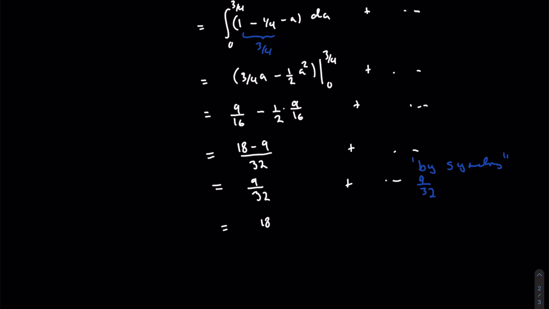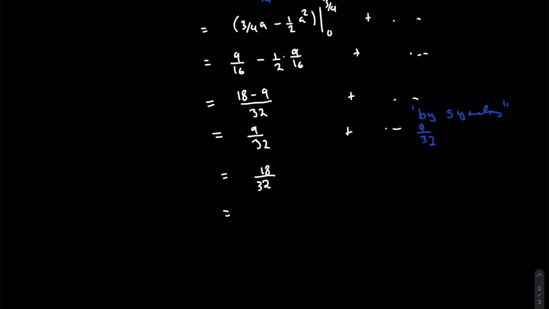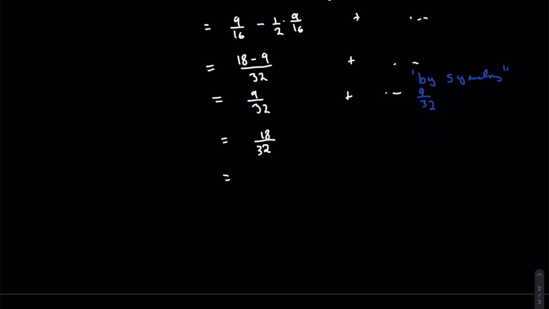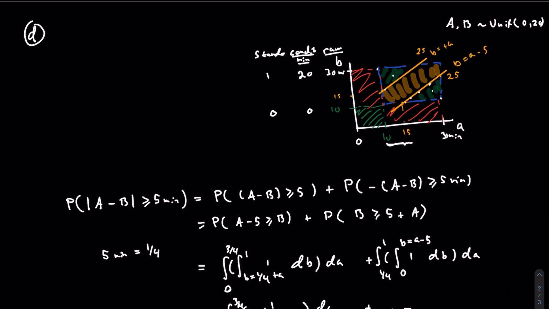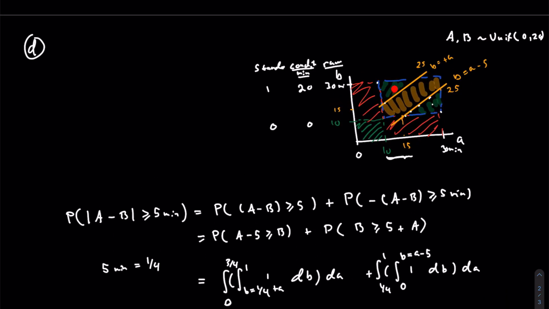So we have 18/32, and we just simplify the whole expression and we get 9/16. And that is the probability of the event that A and B, Alice and Bob, are not meeting.